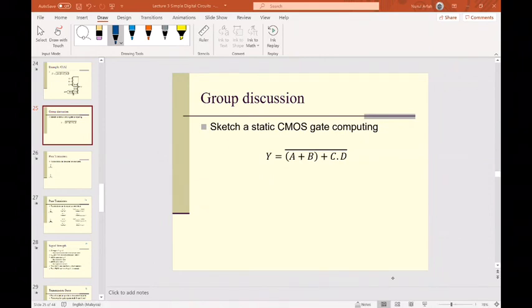Okay, if you go to that Jamboard, you will be able to draw in it. Do you need me to share? I will check later whether you are able to access the Jamboard or not.